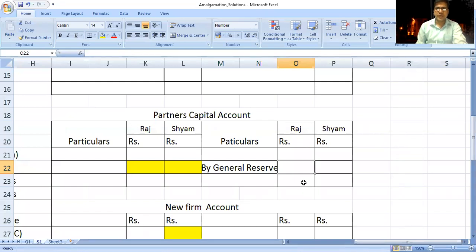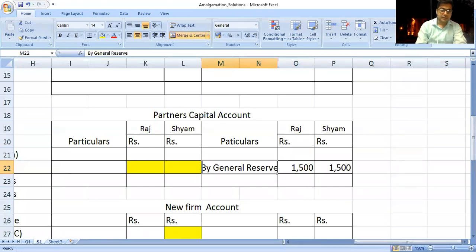The problem is silent about the profit sharing ratio. Therefore, we have to consider the profit sharing ratio equally. So 1,500 and 1,500 we have to show as general reserve. Equally we distribute it to the partners.